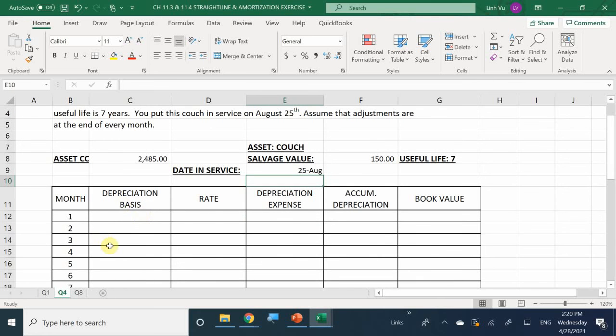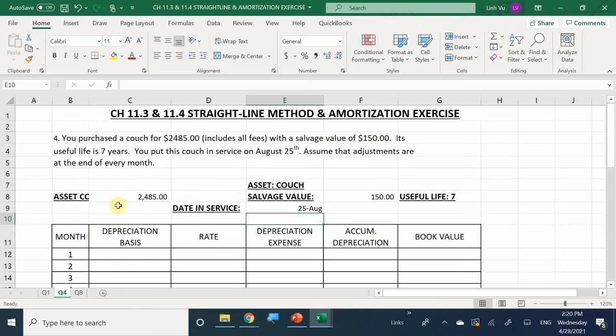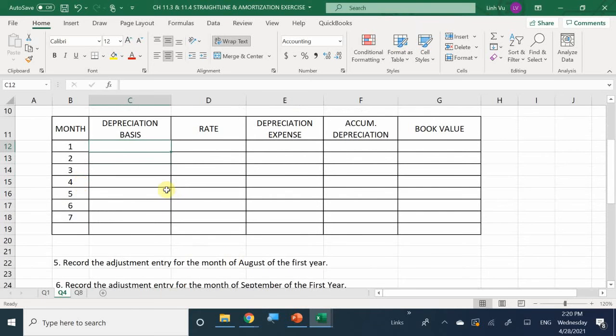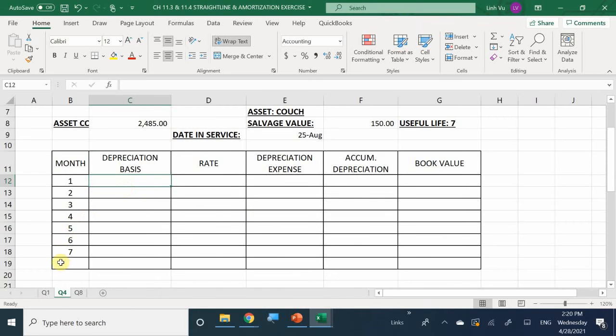In this case, what would technically be my first month? September. Excellent. So, let's go ahead and solve for the table first. On September, what is going to be my depreciation basis? $2,335.